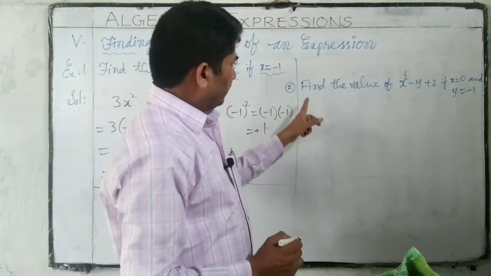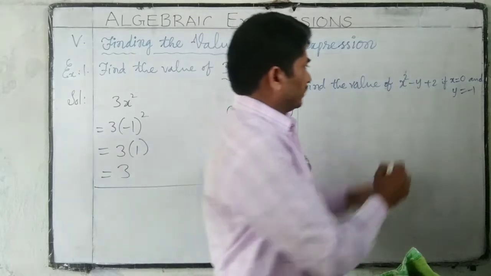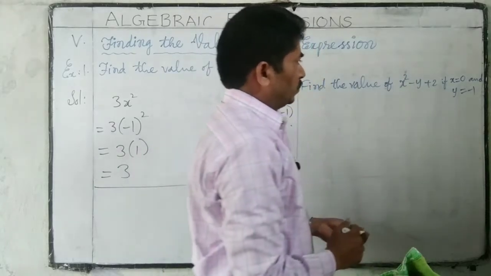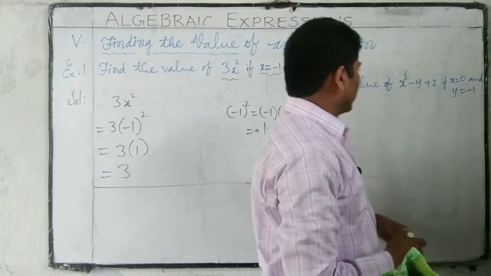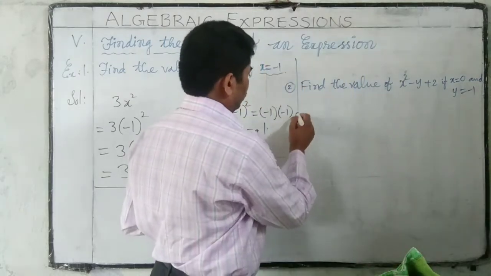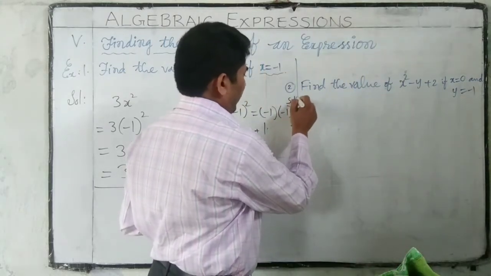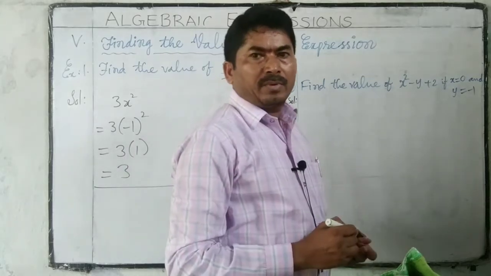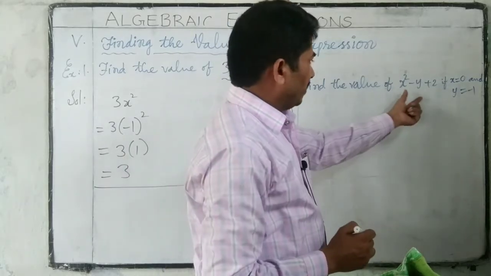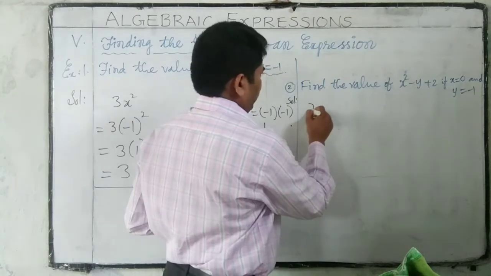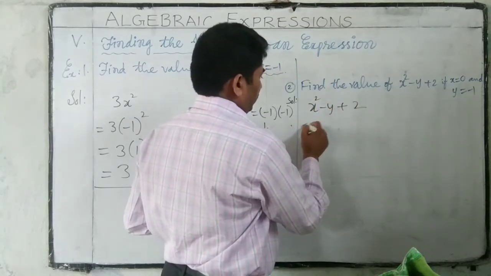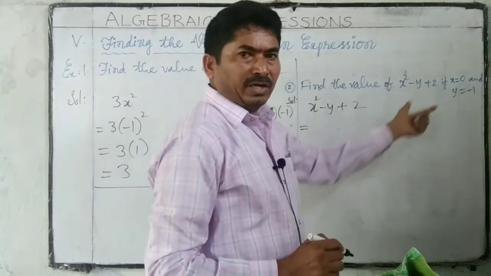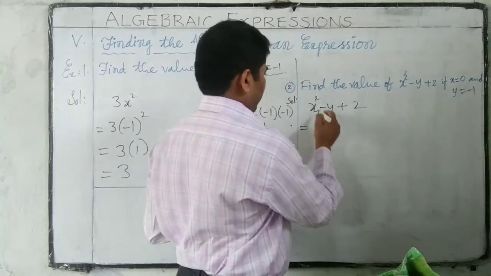Next, the second one: find the value of x square minus y plus 2 if x is equal to 0 and y is equal to minus 1. To find the value of an expression, first we have to write the given expression, then substitute the given values in this expression.